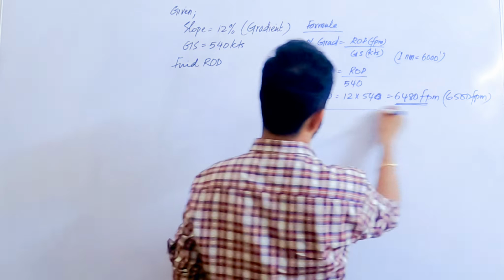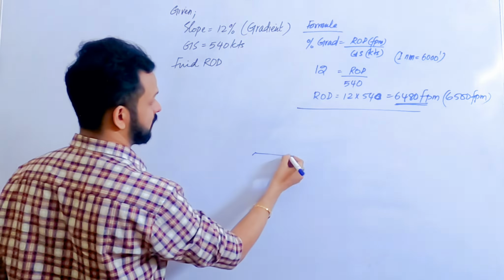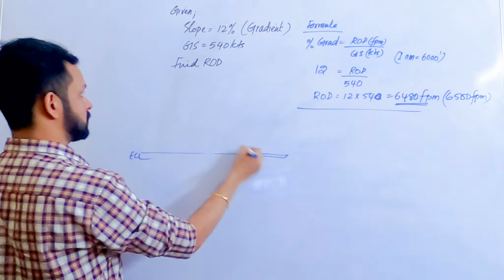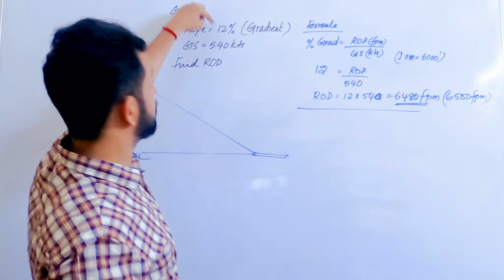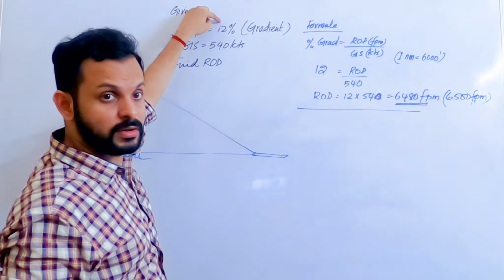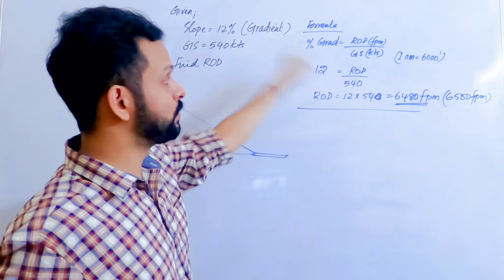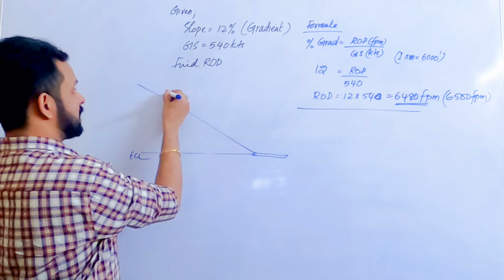Now let's do it the basic way and bring the gradient into the picture. We have the extended center line. Do you know why it's a huge rate of descent? Because the gradient here is 12%, so it's a huge gradient. That is why you have a higher rate of descent.